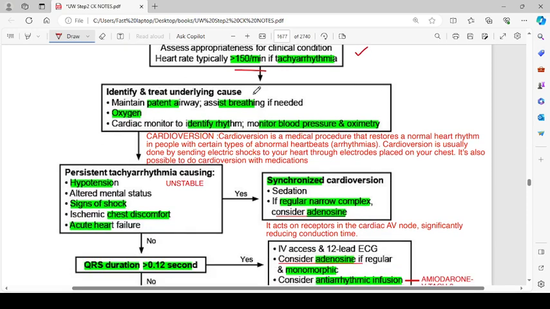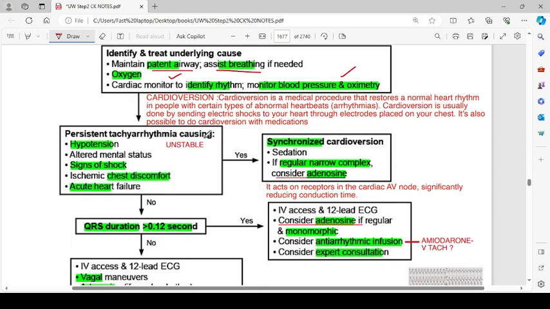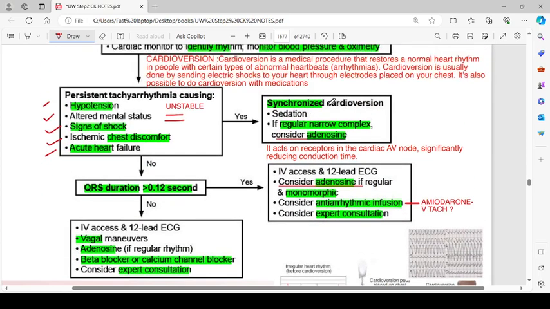Identify and treat the underlying cause. Maintain a patent airway, assist breathing if needed, give oxygen, and use a cardiac monitor to identify the rhythm and monitor the blood pressure and oximetry. Persistent tachyarrhythmia causing hypotension, altered mental status, signs of shock, ischemic chest discomfort, or acute heart failure means that the patient is unstable.